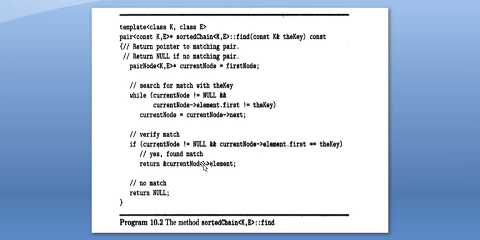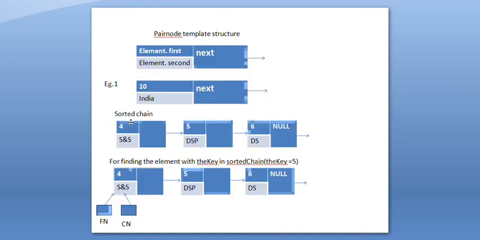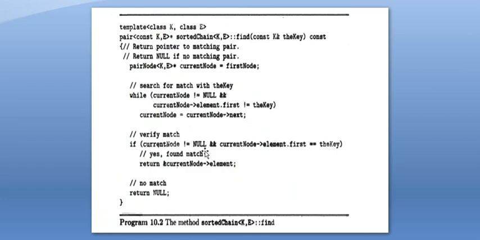When you have found the match, return this whole structure, the current node of element. Current node of element is this pair. Element is a structure with two fields, element dot first and element dot second. So this whole element structure, using current node arrow element, you return its address, because we are making use of the pointer concept.